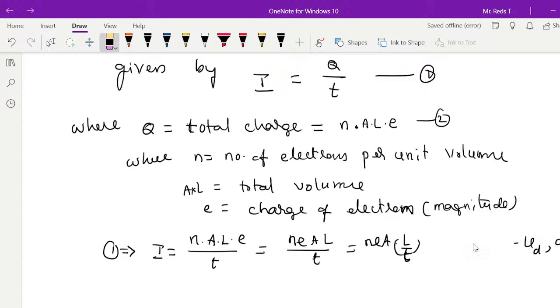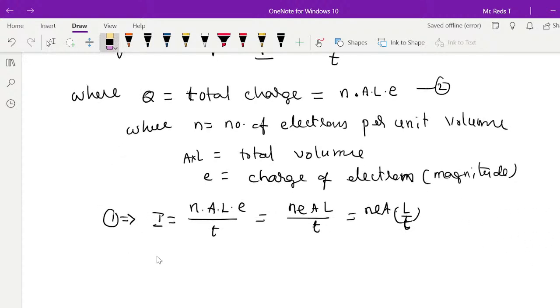You can replace this and rewrite it as I is equal to n e A V_D, because L by T is equal to V_D, that is drift velocity.